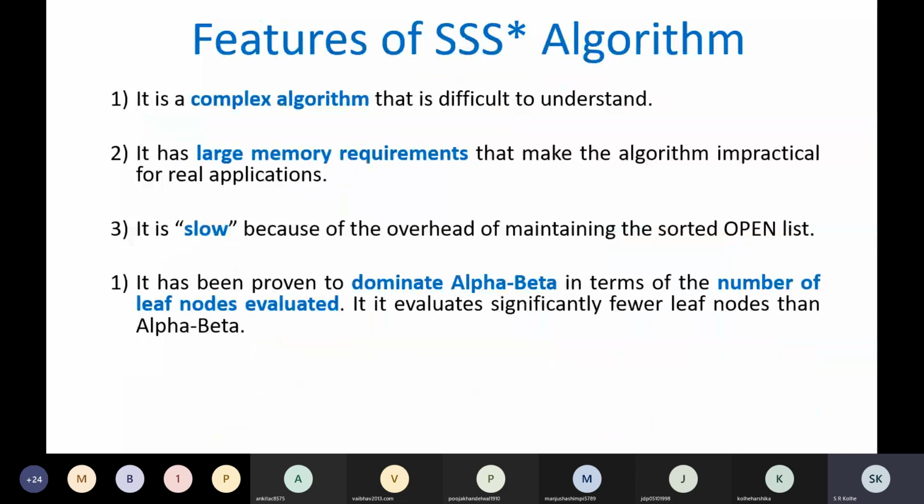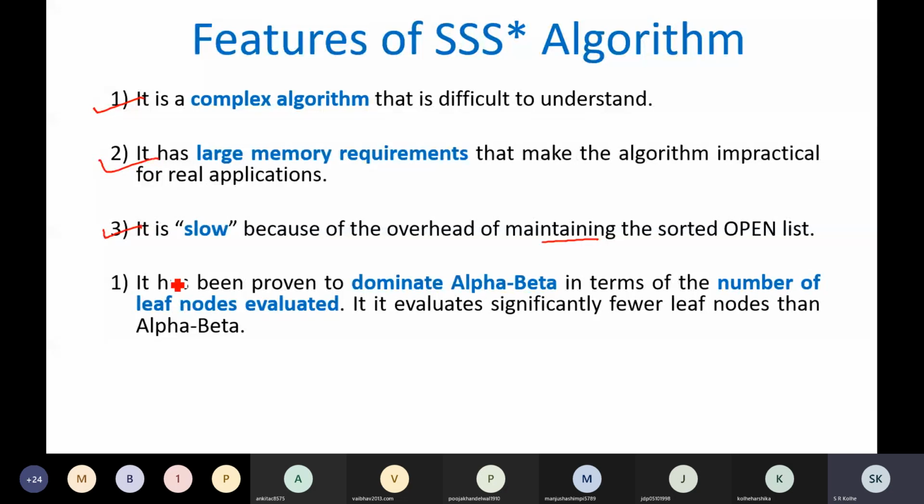Now features of this algorithm, although it is complex, difficult to understand, but it's an efficient algorithm. It has large memory requirement, and people say that makes it impractical for real life applications. Because of that, it is slow, because always you will have to maintain the sorted open list.